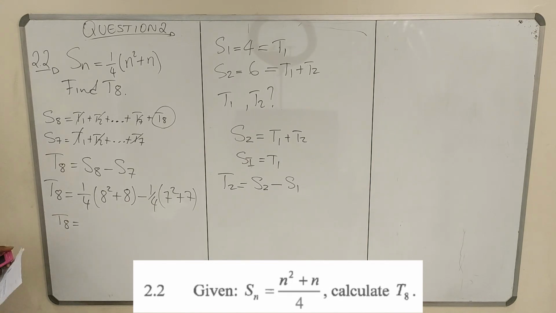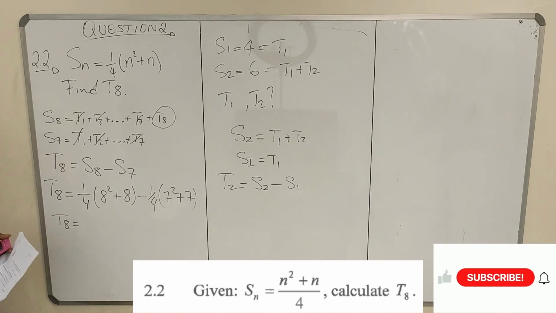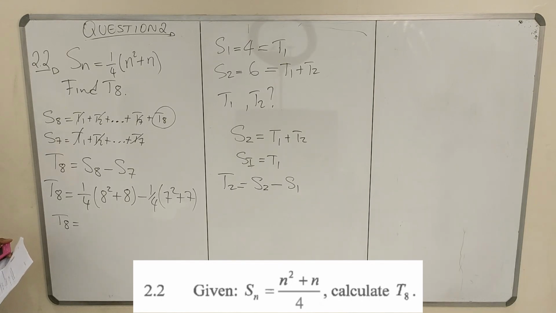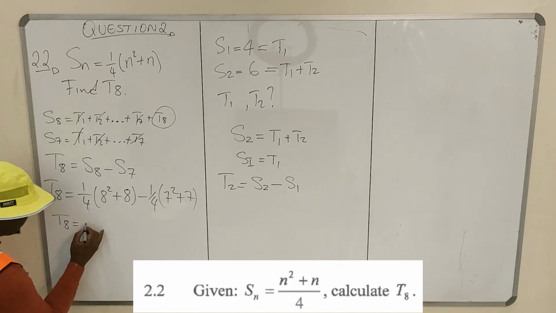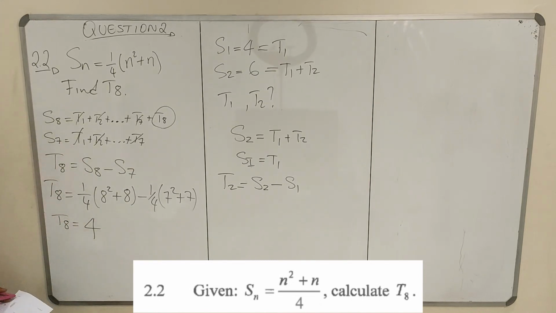So how does this go? 5 into 8 squared plus 8 minus 7 squared plus 7. The answer is 4. That means the 8th term of the sequence is 4.